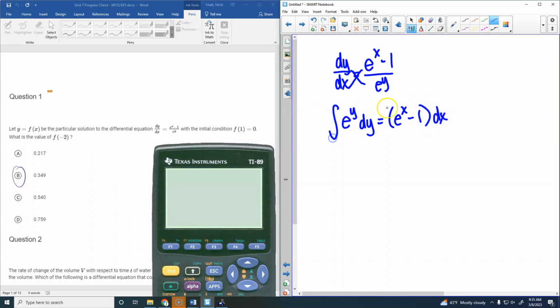And you will integrate both sides, which will give you, here on this left-hand side, you just get e to the y again, because e to the y is its own integral. And over here on the right-hand side, you'll get e to the x minus x plus c.